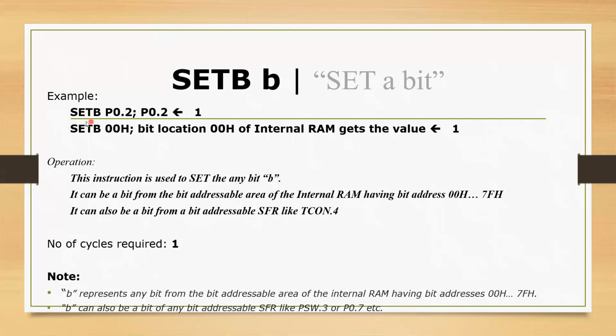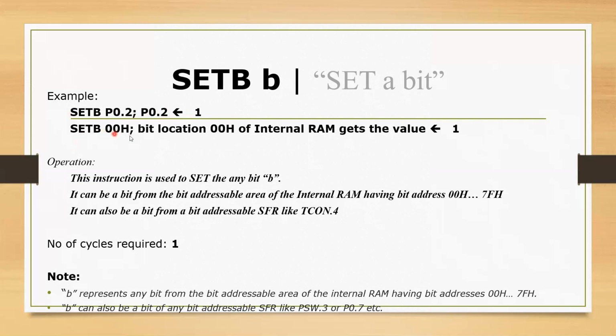For example, you can see the example, SETB P0.2. This will set the port 0 second bit to 1. So SETB P0.2 changes the value in P0.2 to 1.